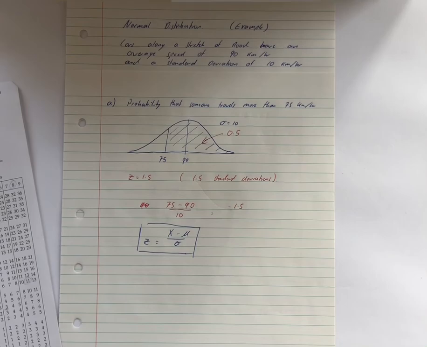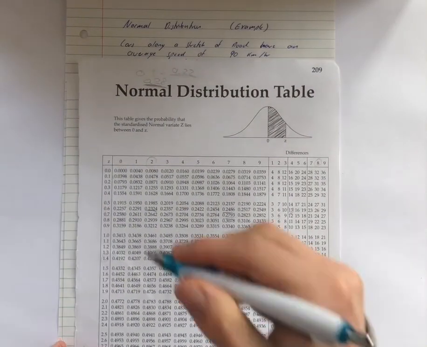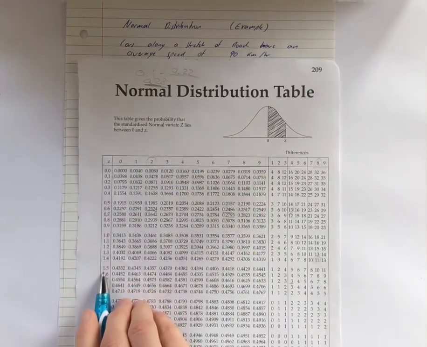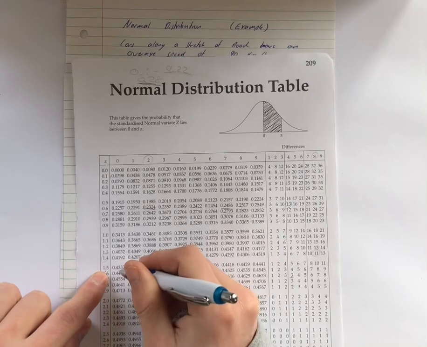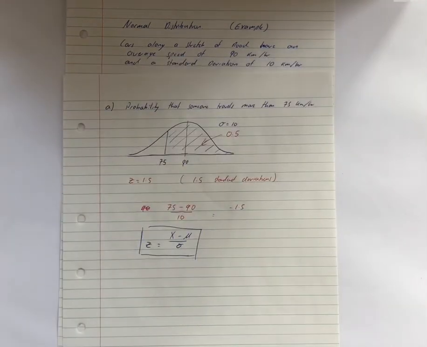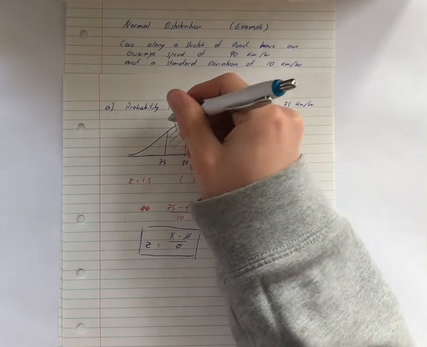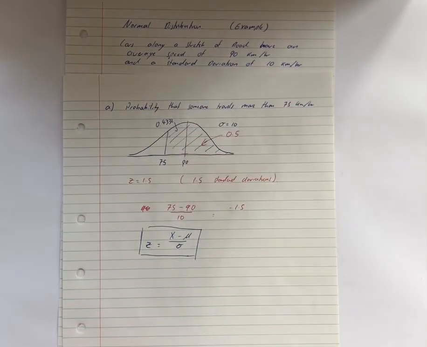Anyway, back to the problem. I know that I'm 1.5 standard deviations away, so I go to 1.5, and I'm not going to any other number of decimal points, so 0.4332. So this probability in here is 0.4332. Now I just have to add those probabilities up.